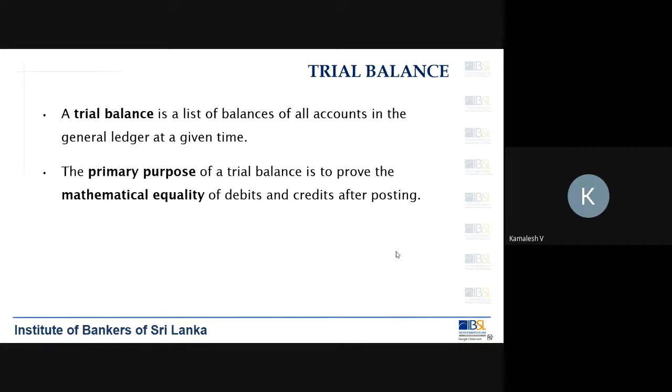It is whether you have performed all the transactions where the debit total is equivalent to the credit total. That is why we say the primary purpose of a trial balance is to prove the mathematical equality. Why do we say mathematical equality? Because you need to know whether the debit totals that you have posted are in agreement with the credit total.